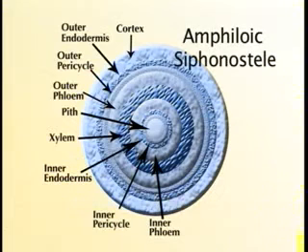Such a stele is called an amphiphloic siphonostele. It may be cladosiphonic or phyllosiphonic. The phyllosiphonic amphiphloic siphonostele with only one leaf gap at the node formed the solenostele.